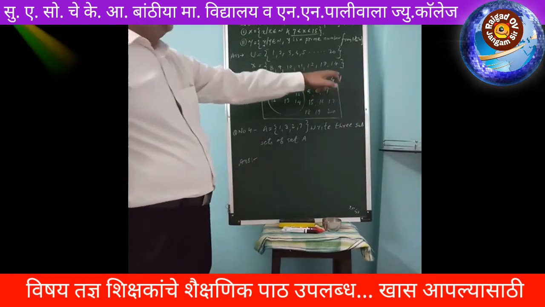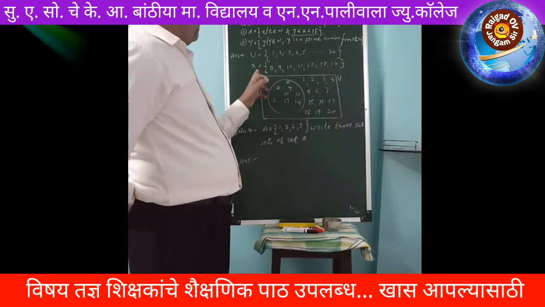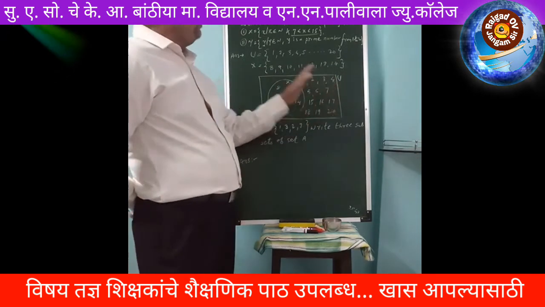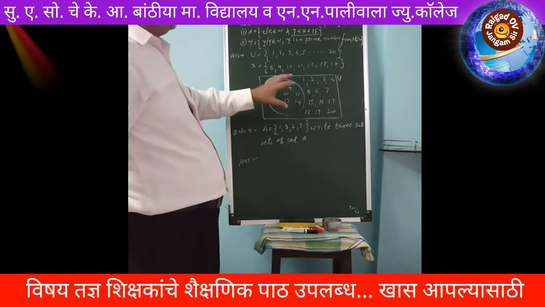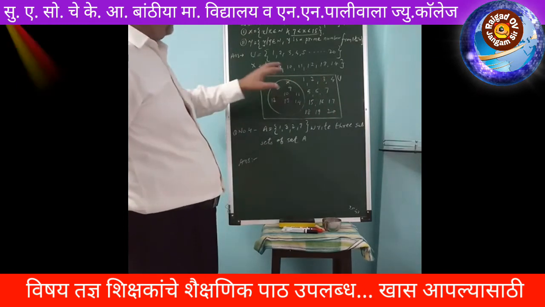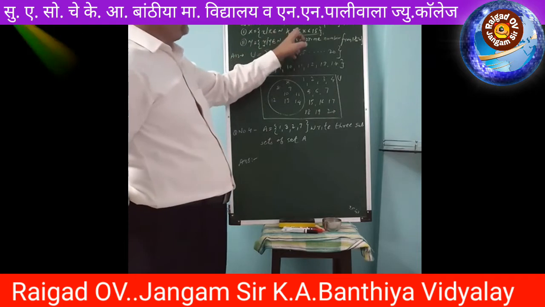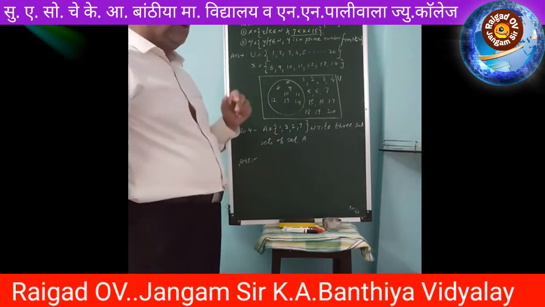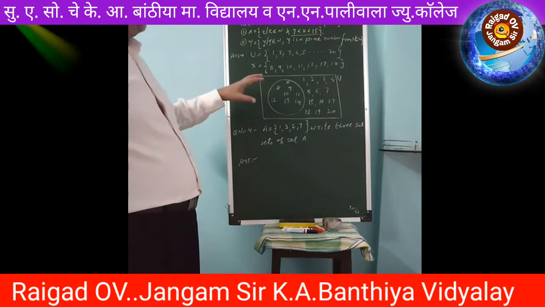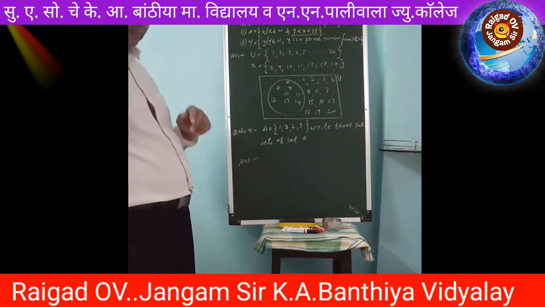It means that the set U is all the elements of set X and the others, and this is the set X which you have been given between 7 and 15. So in this way you can show the Venn diagram of the given set X.